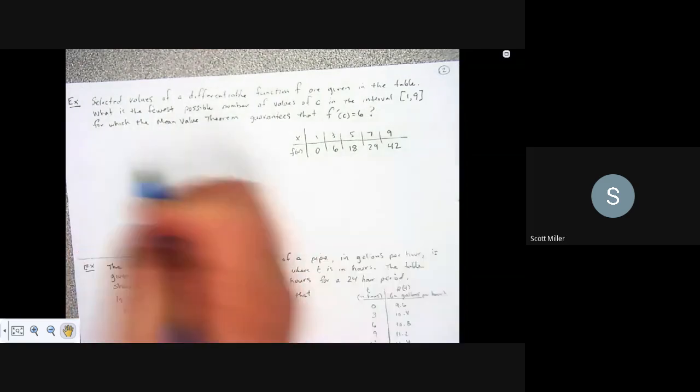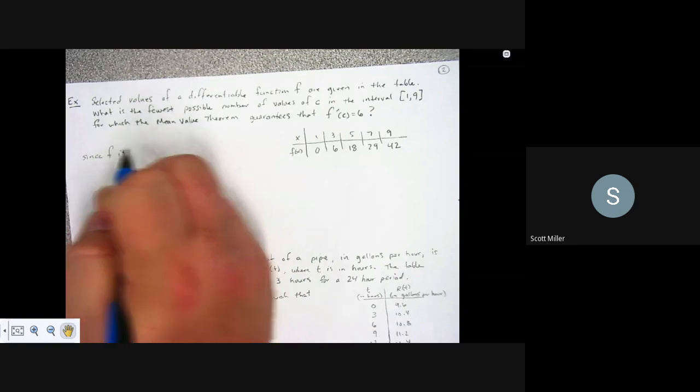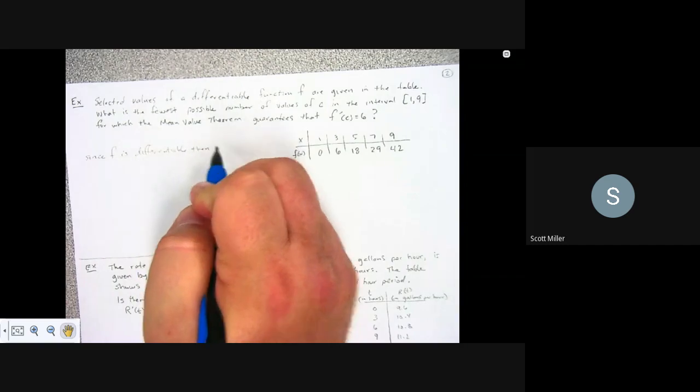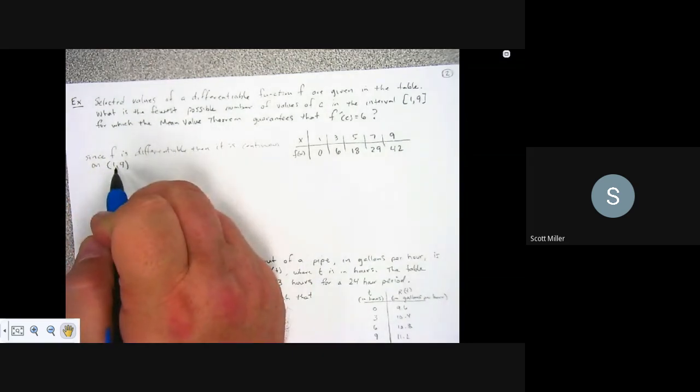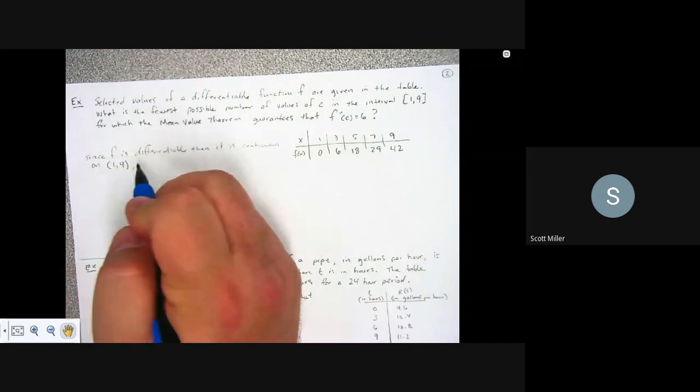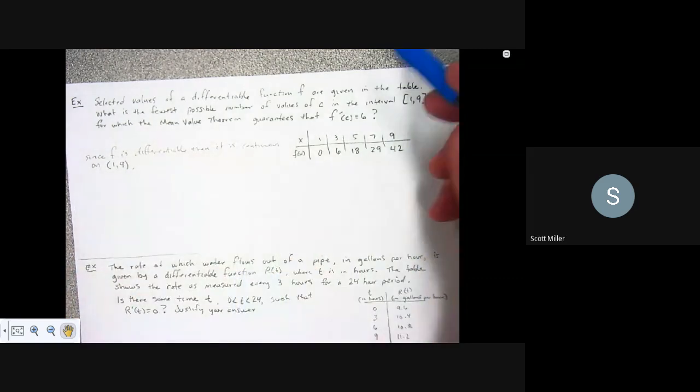So I can come over here and I can say, since f is differentiable, then it is continuous on 1 to 9, because it's differentiable on the open interval. So I now know it's continuous on the open interval. Okay, we're looking in here.